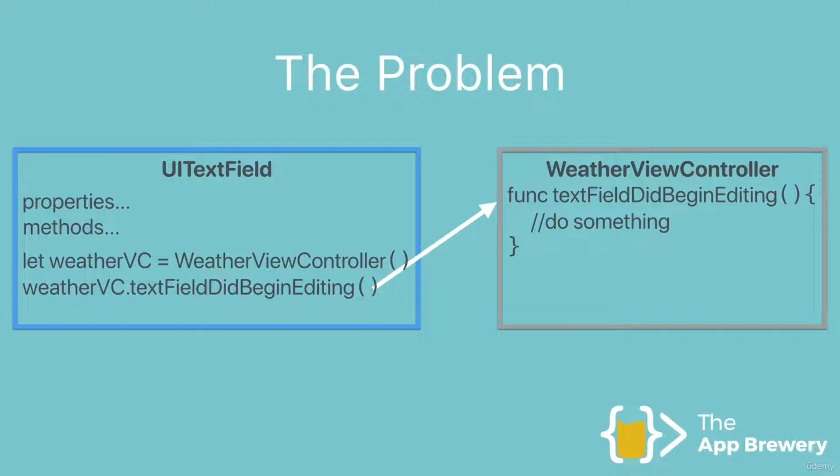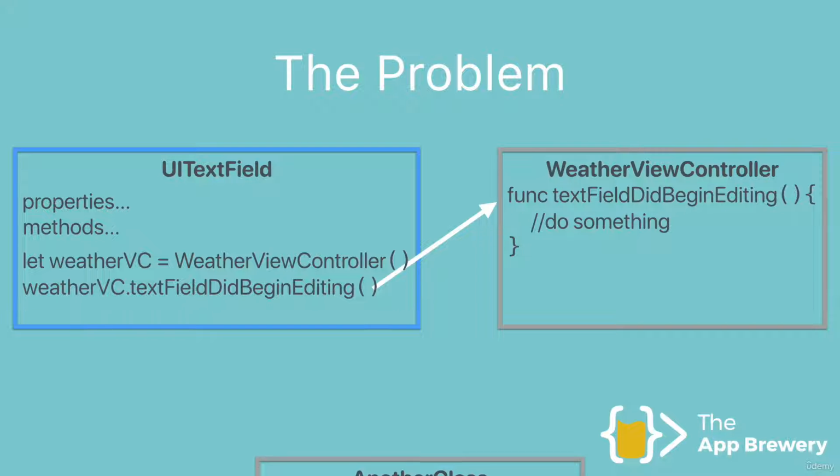But you might be able to spot there's quite a few problems here in our logic. Because if we are Apple and we're creating this UI text field class, and we somehow have to know about this weather view controller, which we never created, we know nothing about, and it's something that's going to be created in the future by developers who are building apps using our UI text field, well, that's impossible to know, right?